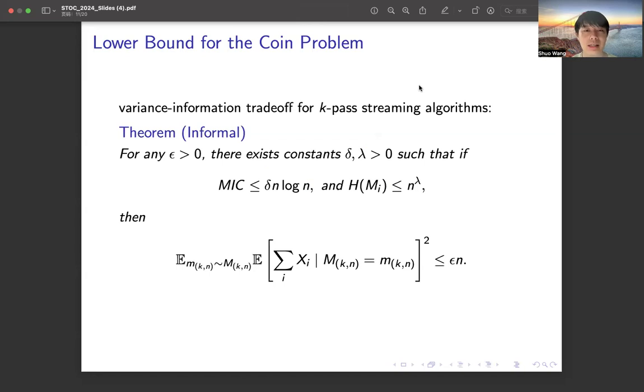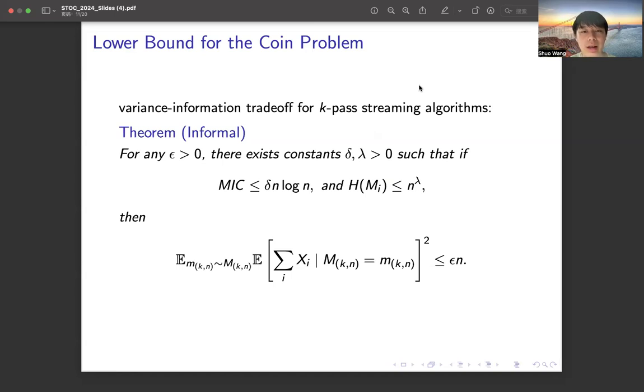The informal version is as follows. For any constant epsilon bigger than 0, there exist constants delta and lambda bigger than 0, such that if the information complexity is smaller than delta n log n, and the entropy of M_i, here M_i denotes the end memory state of the i-th pass, and H(M_i) is smaller than n to the lambda, then the expectation of the variance conditioned on the end memory state is relatively large.